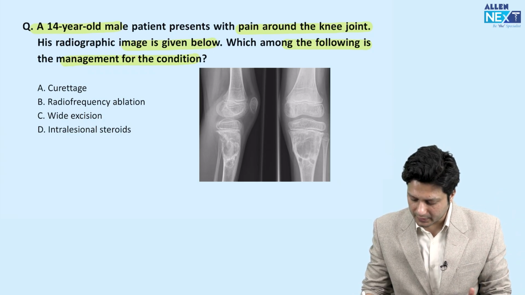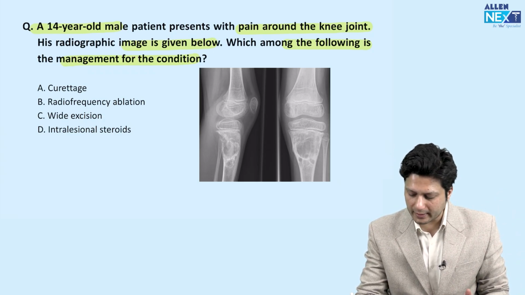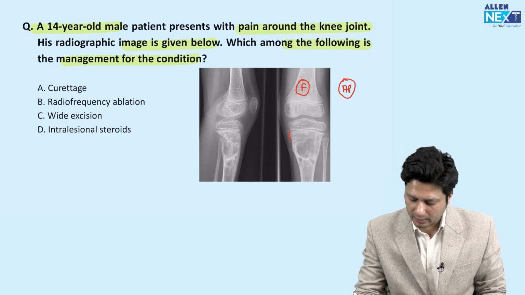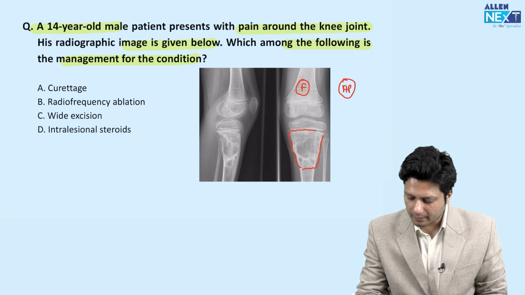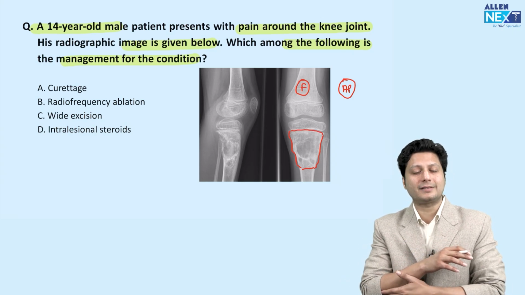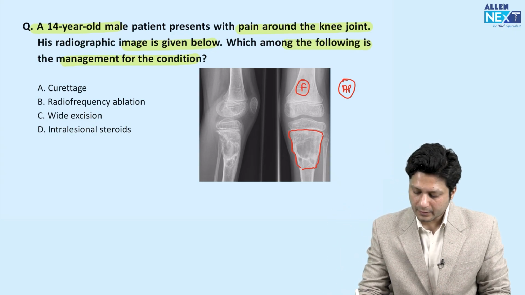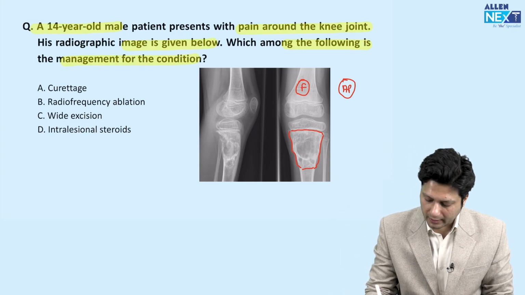Now if you look at the X-ray of the knee joint, AP view, here is the distal femur. The distal femur is absolutely normal. There is no abnormality. But in the proximal aspect of the tibia, in the metaphyseal location, there are cystic changes. These lesions are identified as cystic lesions in the metaphysis of the proximal tibia.